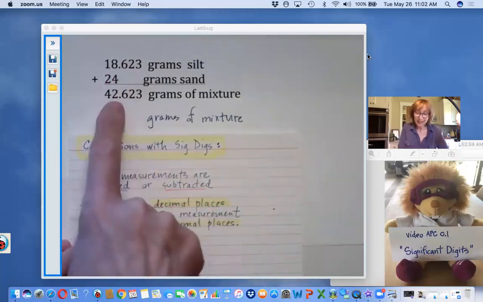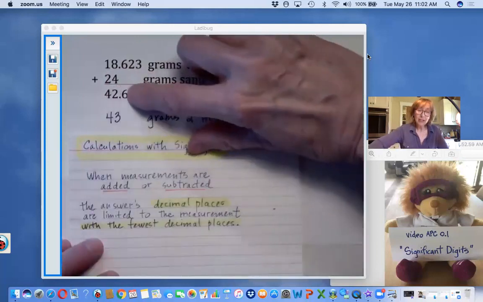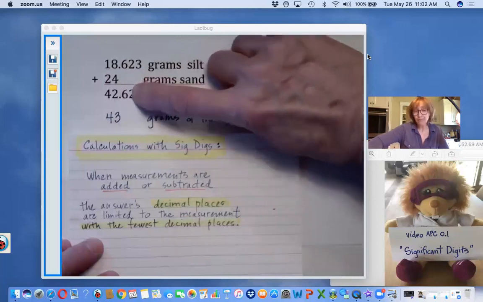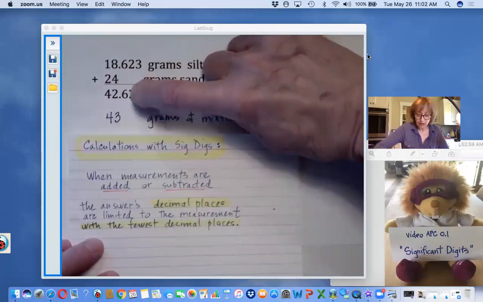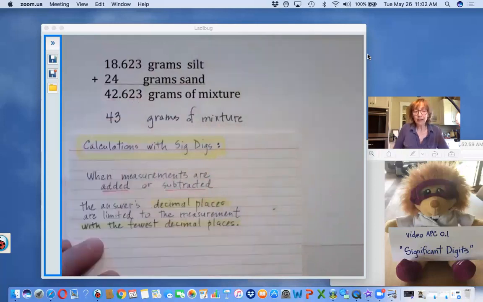And we're going to take this calculator answer and round it to 0 decimal places. Whoops, don't forget to peek. This number is greater than 5, so it's going to cause me to round up. And my final answer, 43.